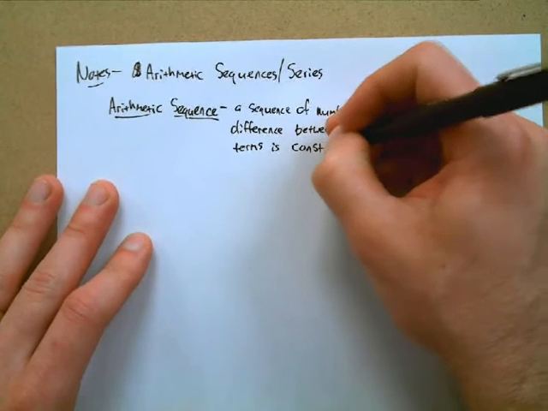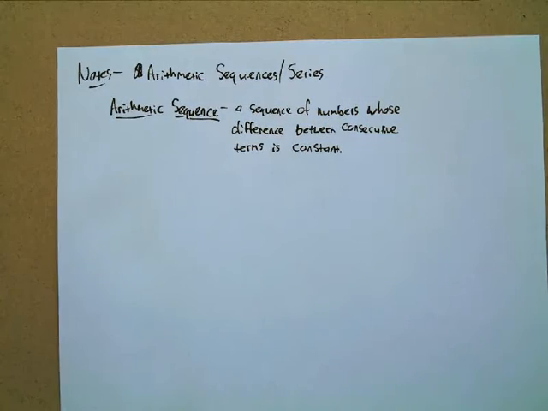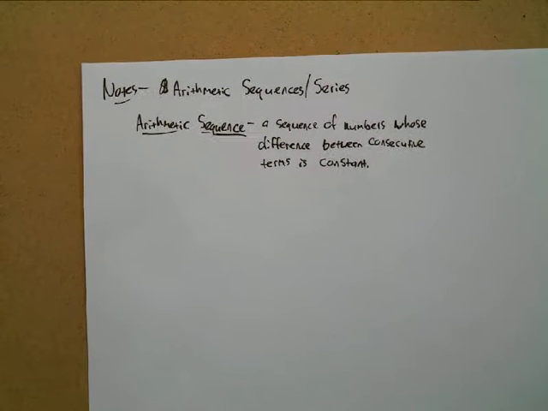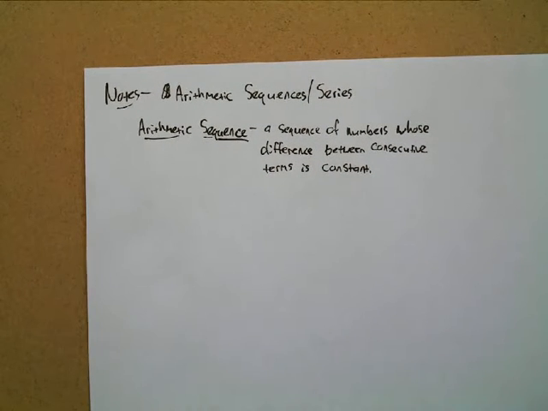A sequence of numbers whose difference between consecutive terms is constant. Okay, consecutive terms. All right, so let me give you an example of that.